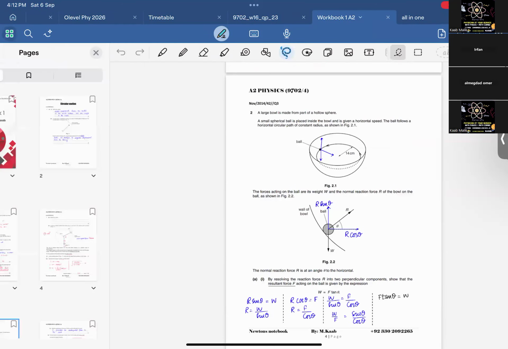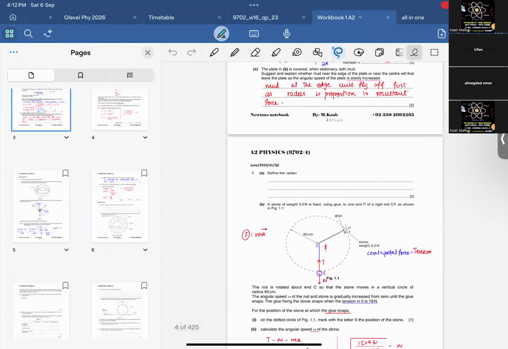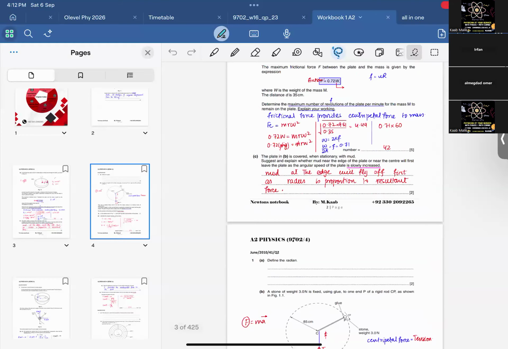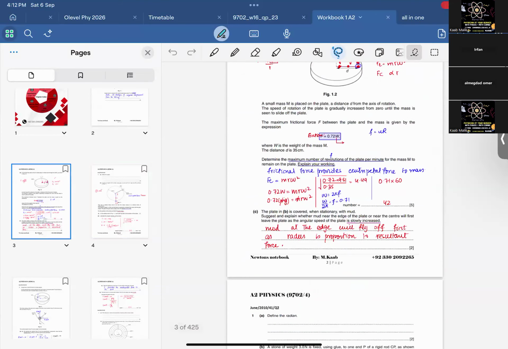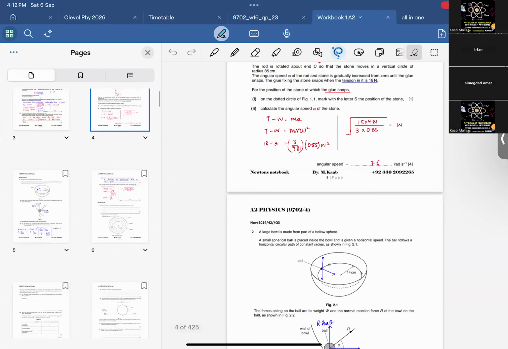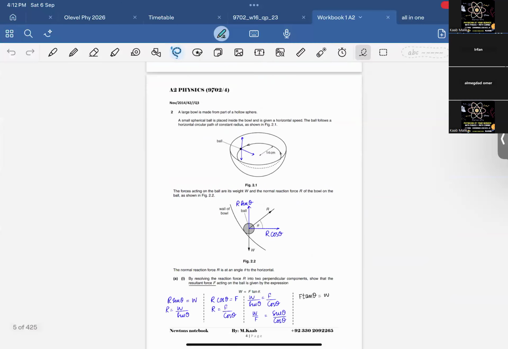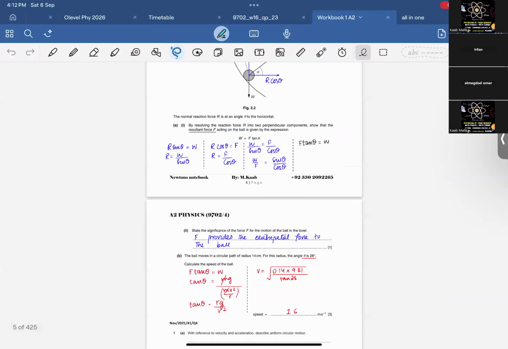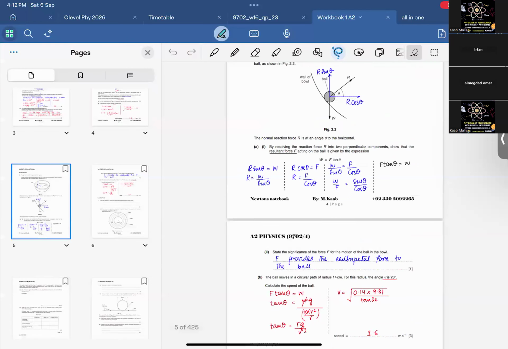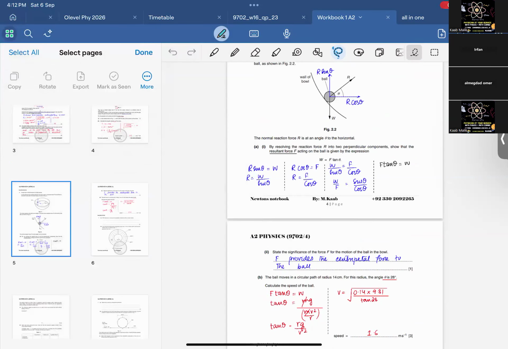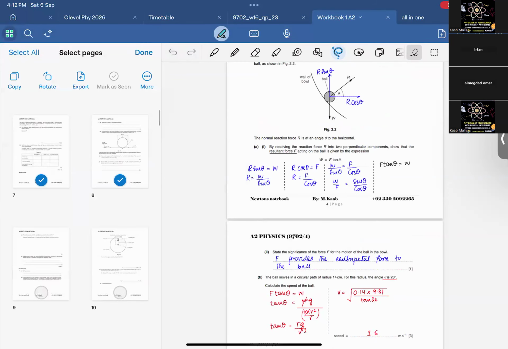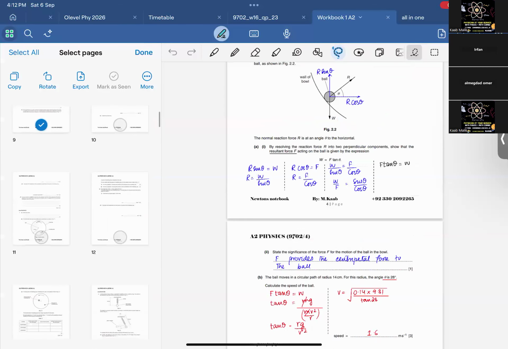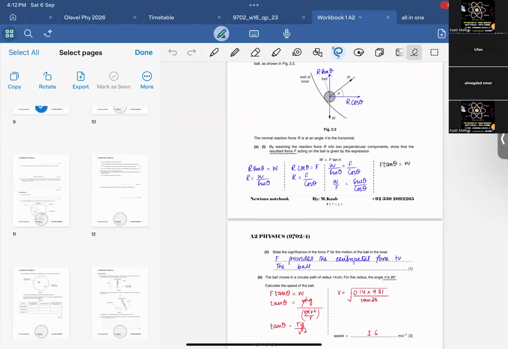Okay, let's go through these two questions. Let's do this one. Now, select the pages. This is this and this, and that is easy.